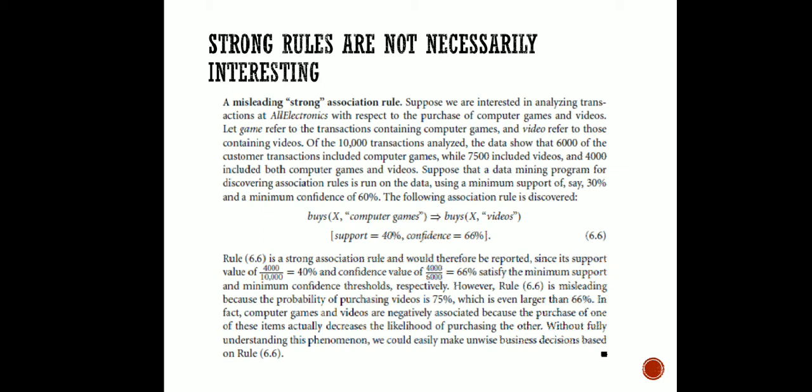Fine. Now see how it is misleading. It is showing the value to be 66%. However, the chances of getting videos sold, if you look at the original purchase data, is 75%.